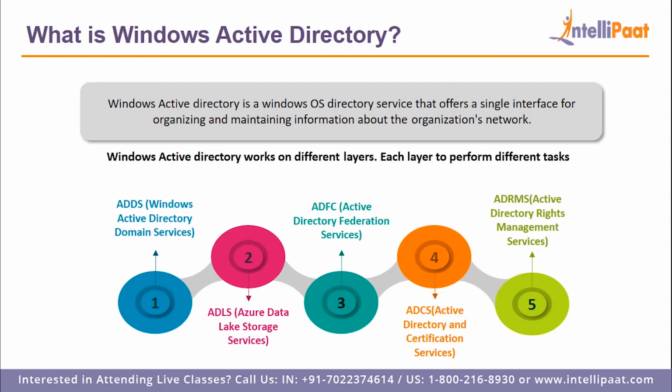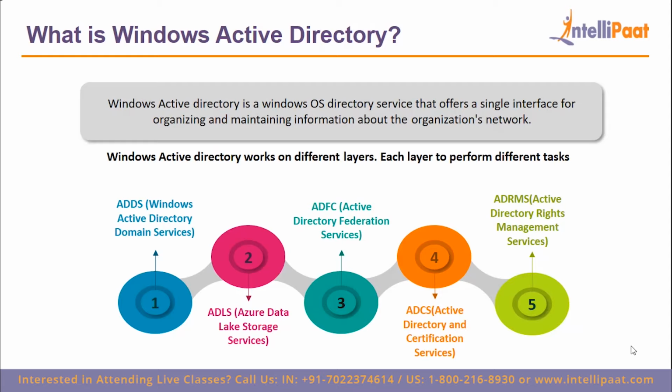Windows Active Directory works on different layers, each performing different tasks. As you can see on your screen, I have listed 5 layers. The first layer is called ADDS, which is the acronym for Active Directory Domain Services. Next we have ADLS, which stands for Azure Data Lake Storage Services. The third layer is ADFS, which is Active Directory Federation Services.